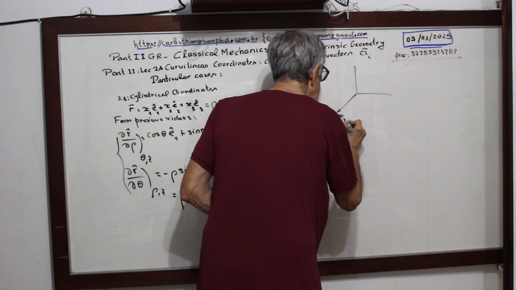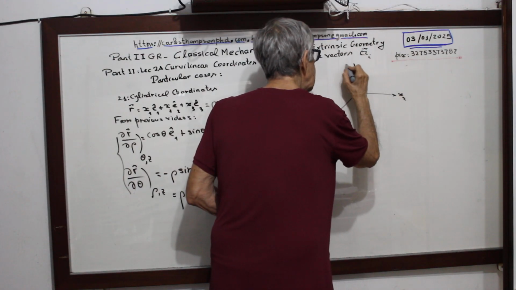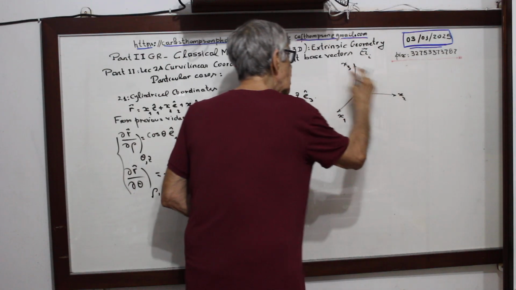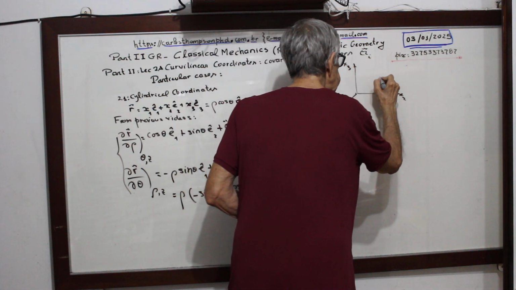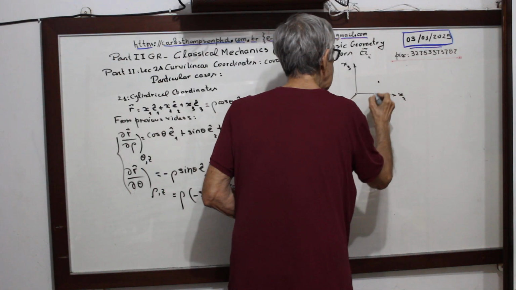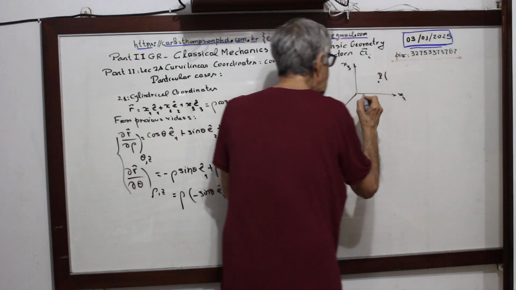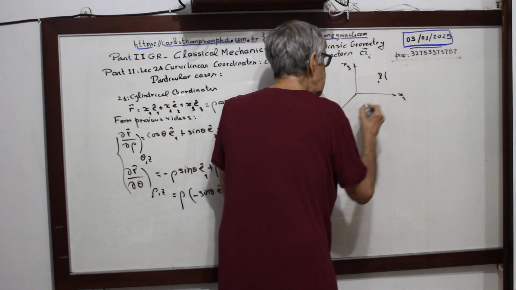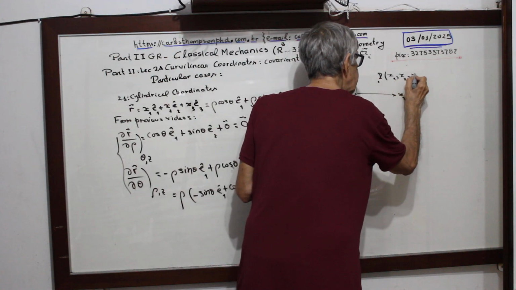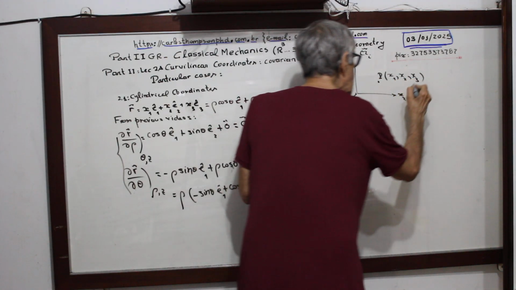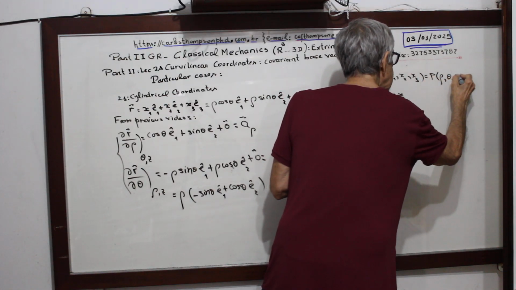This will be x1, x2, x3, rectangular coordinates. And now, there's a point P over here. This P, attention now, can be expressed by x1, x2, x3, or rho, theta, and z.